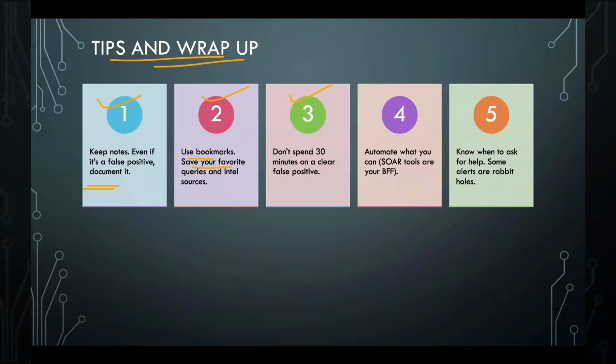Then tip number three, don't spend 30 minutes on a clear false positive. This one hurts to hear, but not every alert deserves your full detective documentary treatment. If it smells like a false positive, looks like a false positive, and behaves like a false positive, don't spend half your shift trying to prove it is secretly APT 69.